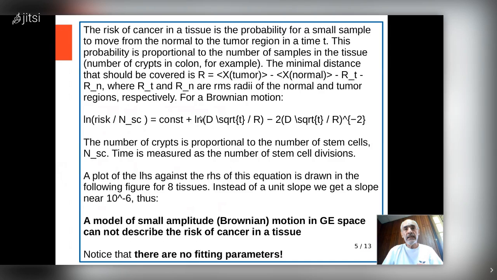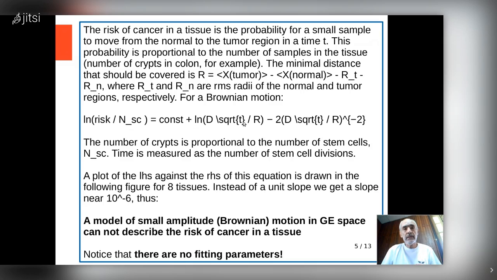Then this d, as I mentioned, is the maximum absolute value of the component of the vector. And then r, as already mentioned, is the distance between the border of the normal zone and the border of the tumor zone. And the only variable remaining here is time. In order to measure time, we use the natural unit, which is the replication time of stem cells in this tissue.